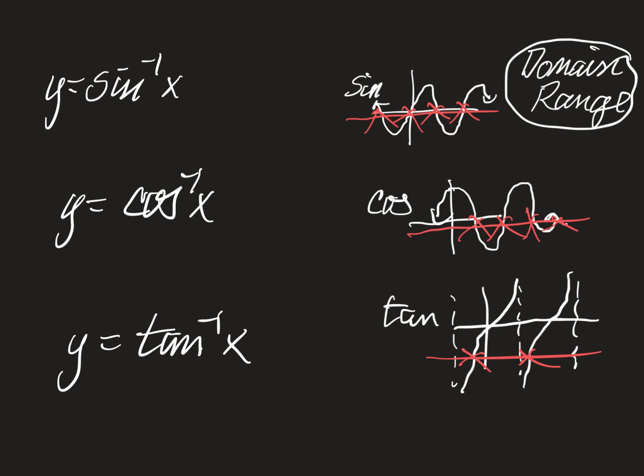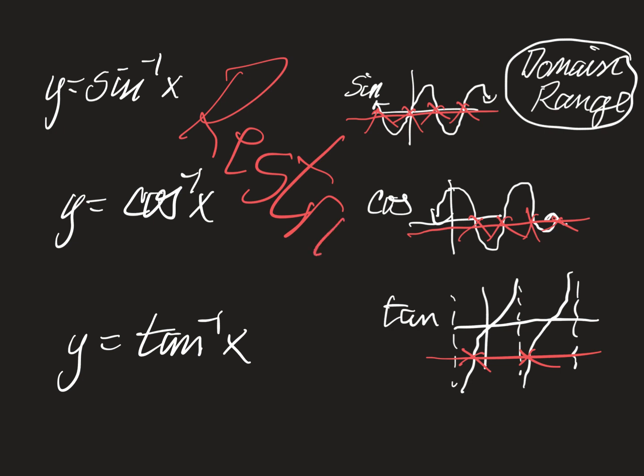And so what that means is we need to restrict the domain, okay? We need to restrict the domains of sine, cosine, and tangent so we can do the inverses.